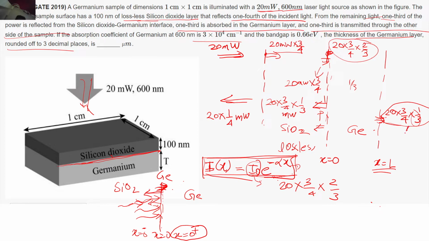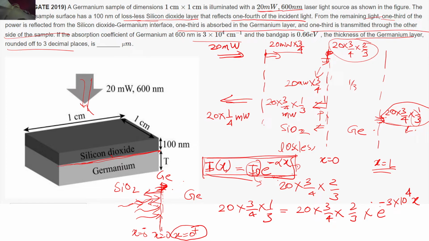We have calculated that power too. We know this: it is 20 into 3 by 4 into 1 by 3. We also know the power that is present just at the right of the silicon oxide and germanium boundary, which is inside the germanium. This is 20 into 3 by 4 into 2 by 3 into e to the power, alpha has been given to me, minus 3 into 10 to the power 4 into x.